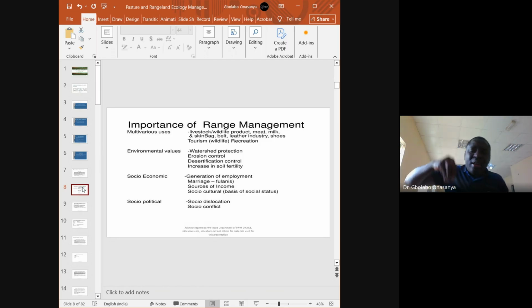So not only is there provision of quality pasture for livestock production, where the animals from the rangeland will provide milk and meat for human consumption, and some byproducts of the animal like skin for leather industries, but there are other advantages it's providing for the environment.